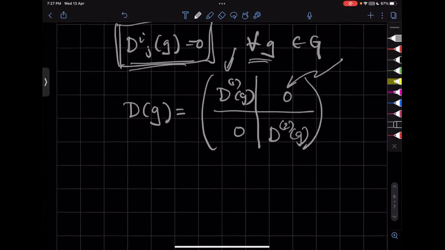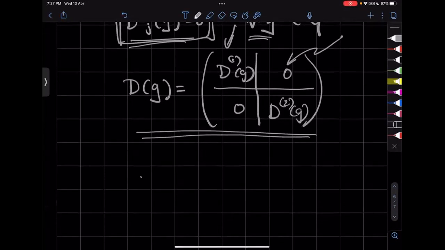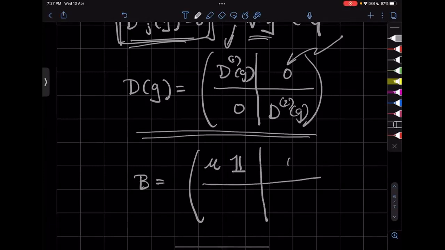So, for example, when you have a representation which is not irreducible like this one, the B matrix will have this form. It'll have an identity matrix times some eigenvalue, then 0, 0, and some other eigenvalue times some identity matrix, okay?